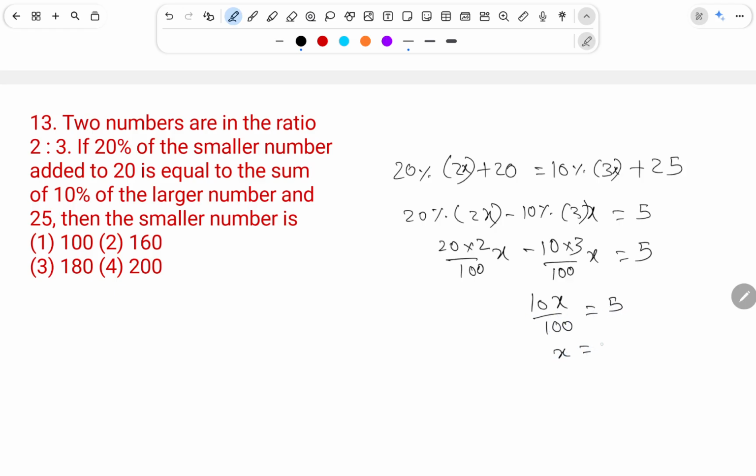Then x is 500 by 10, which is 50. Out of 2x and 3x, the smaller number is 2x. So 2 into 50 is 100.